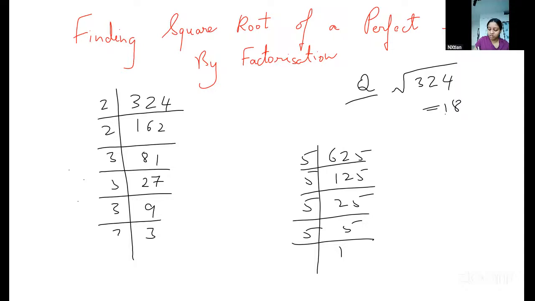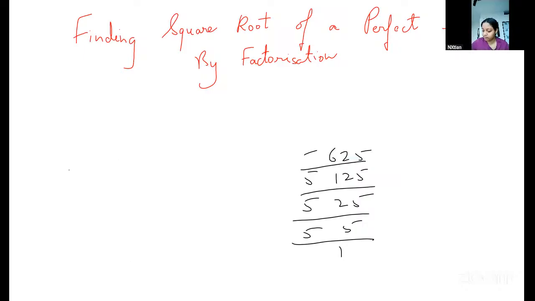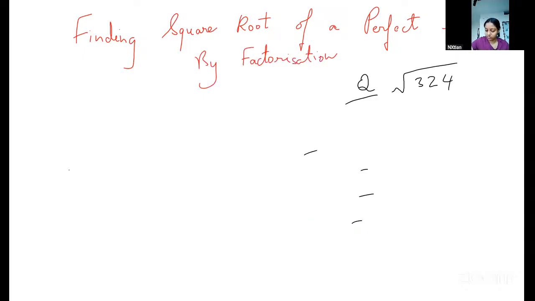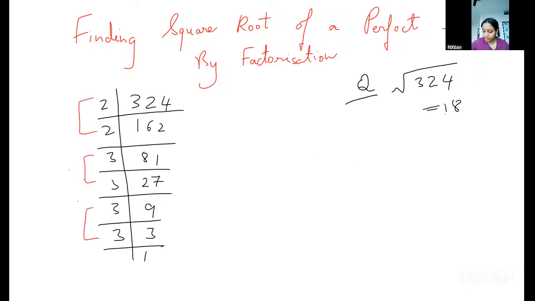9 times 3 is 27, 3 times 3 is 9, and 3 times 1 is 3. We will make pairs of 2s and 3s. So we can write it down: 2 into 2 into 3 into 3 into 3 into 3.